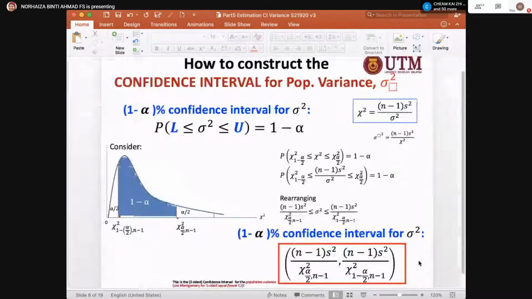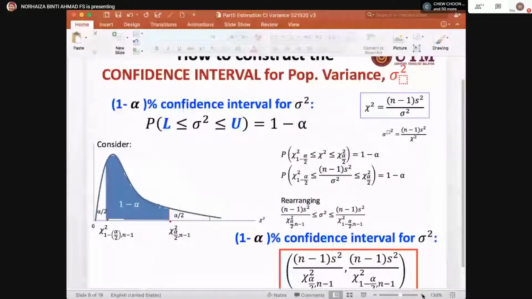Now, I said earlier that this is our confidence interval. So 1 minus alpha is the area under the graph. So if this is 1 minus alpha, therefore my upper tail area is alpha over 2, and my lower tail area is alpha over 2. And since this is a chi-square distribution, the point here corresponds to chi-squared alpha over 2, n minus 1.